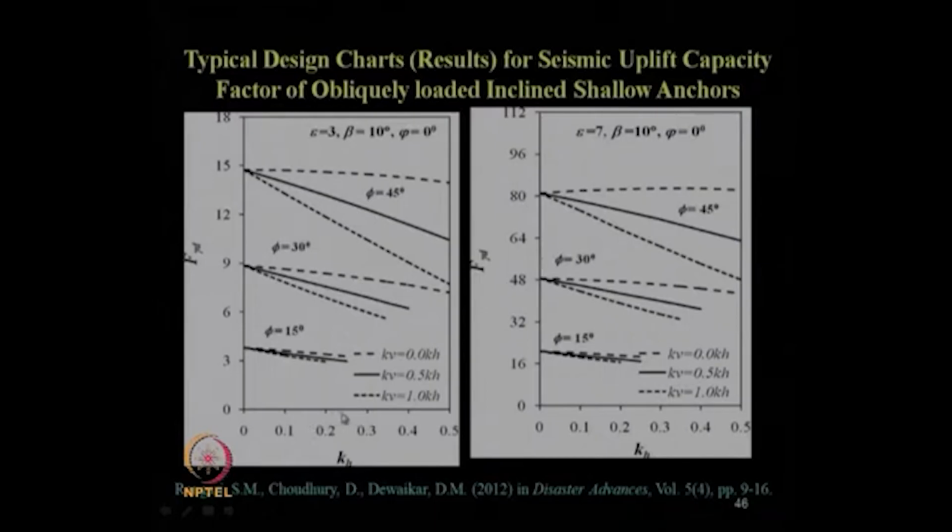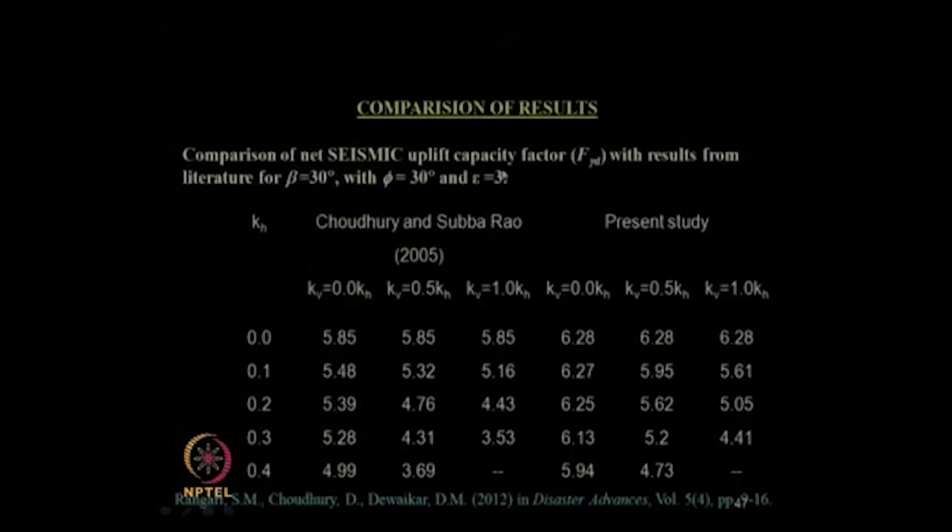For a particular value of Kh and Kv, for a known value of phi, one can get the F gamma d value, for a given value of embedment depth, anchor inclination and load inclination. Load inclination 0 means the load is acting exactly perpendicular on the inclined plane of the anchor. So, for other angles also, results are available in this journal paper. Here also the comparison of results has been made with other researchers' results.